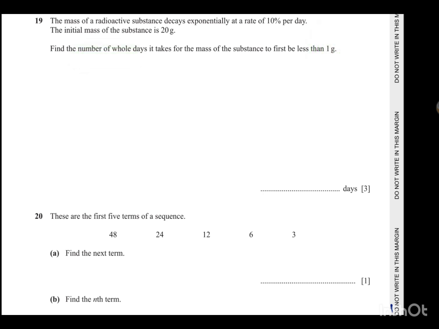So here you can use the formula of exponential depreciation. So the weight after n days is the initial weight multiplied by 1 minus 10 by 100, because it is depreciation, it has to be subtracted, whole raised to n.